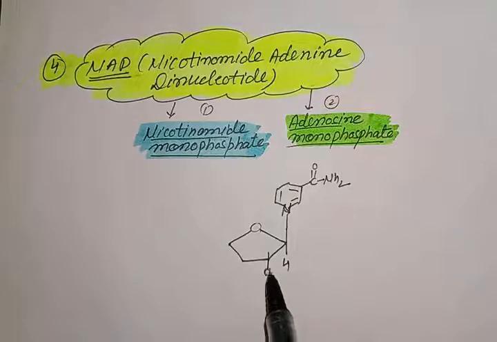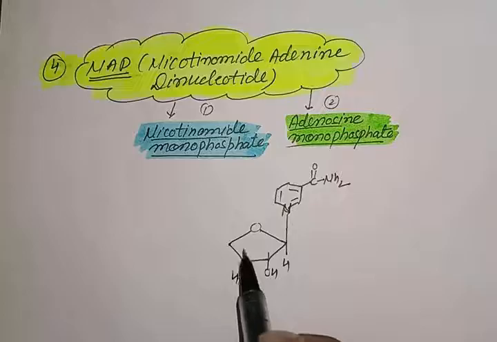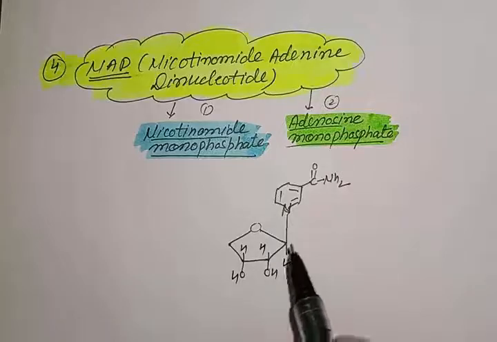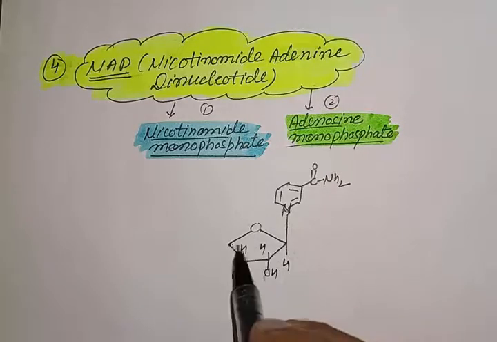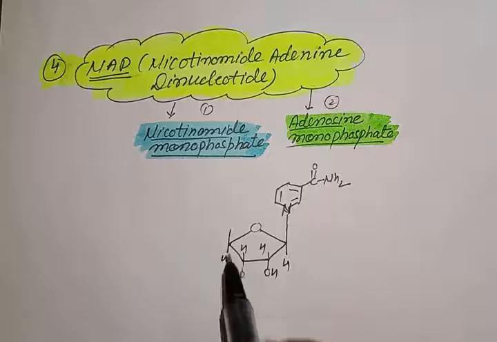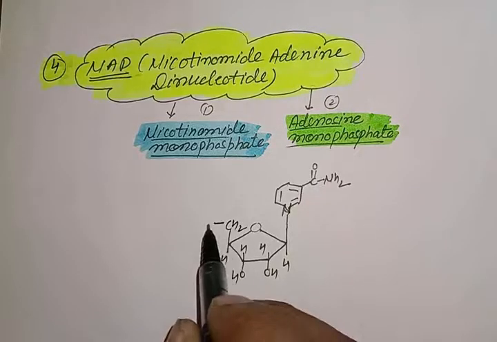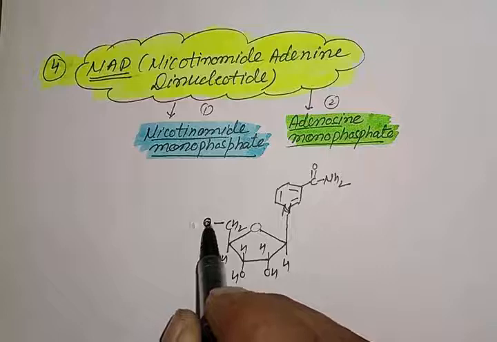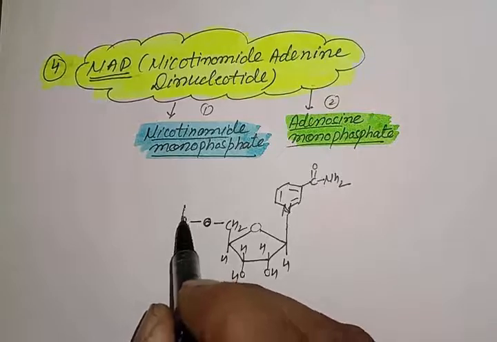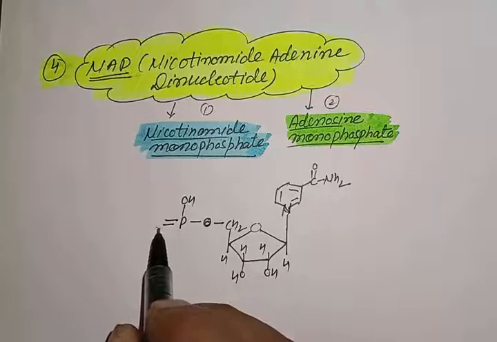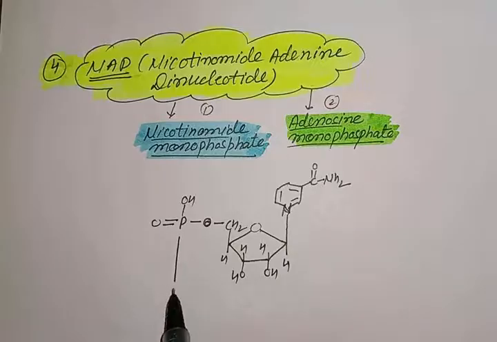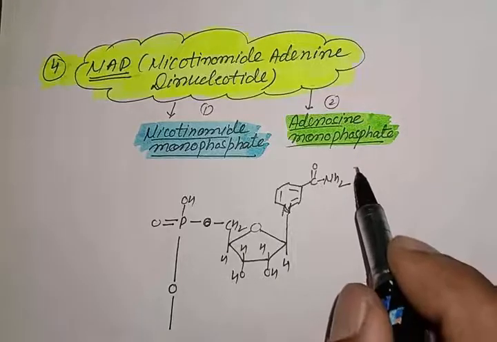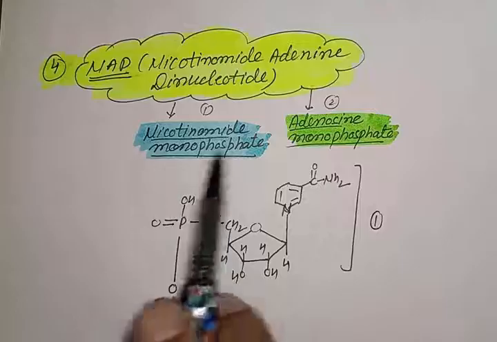This is our nicotinamide group. When this nicotinamide group is attached with this pentose sugar, this becomes nicotinamide monophosphate. So here is a CH2 group. This will be our phosphate unit, oxygen P OH, here is double bond O, and this one is the oxygen atom.